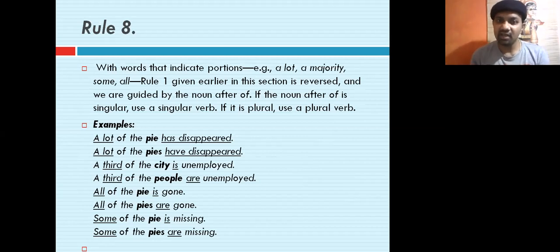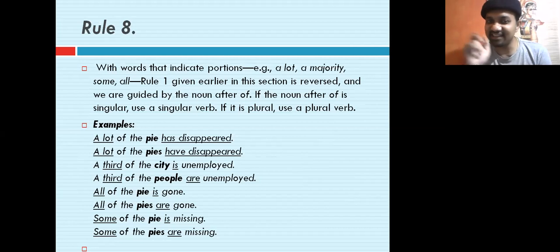We must see what is the subject after of. The pie is a singular subject. A lot of the pies have disappeared. After of, the subject is plural.